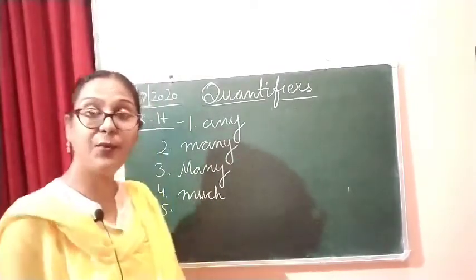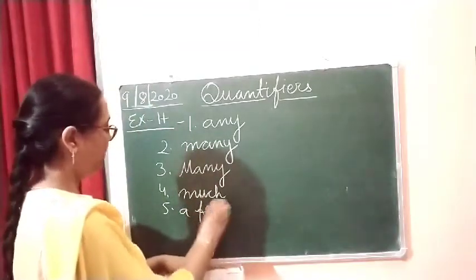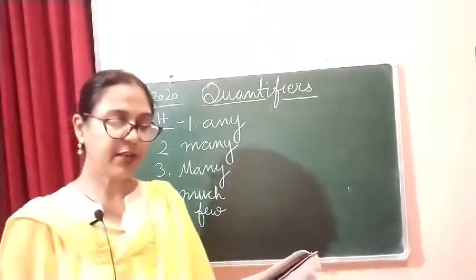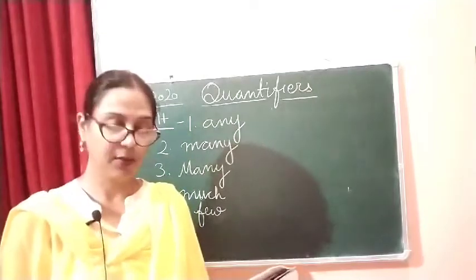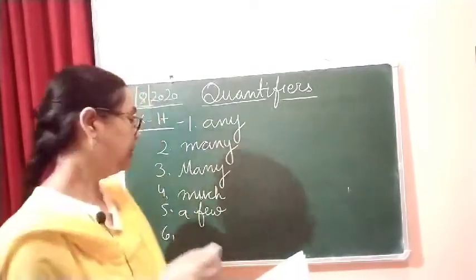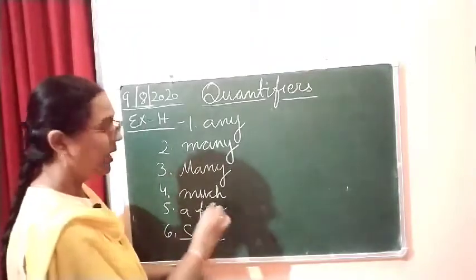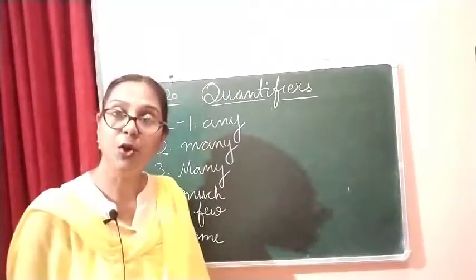Only a few people. A few people. Now in number 6, dash experience is required for the job. Some experience. Number 6, we are going to write some experience is required for the job.